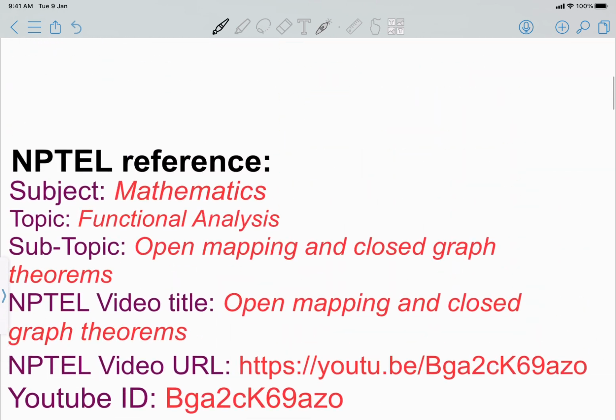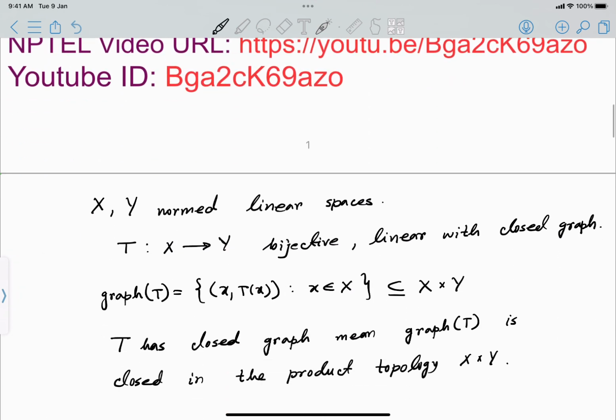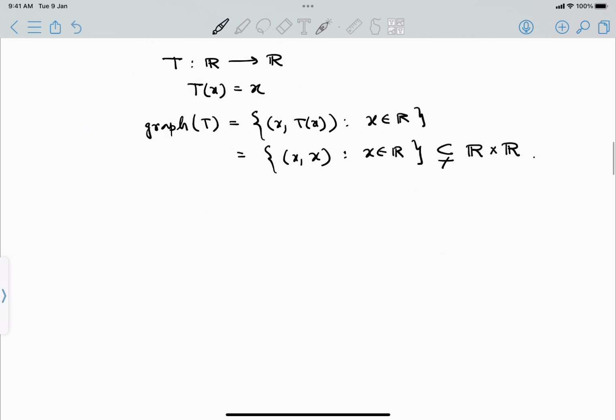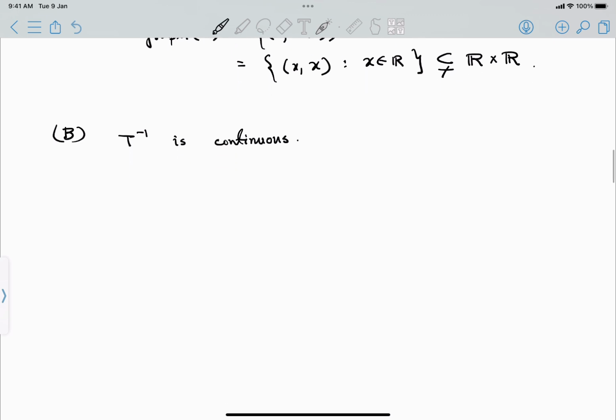And the next option, option B, is saying that T inverse is continuous. So first let's check T inverse, because T is given to be bijective.